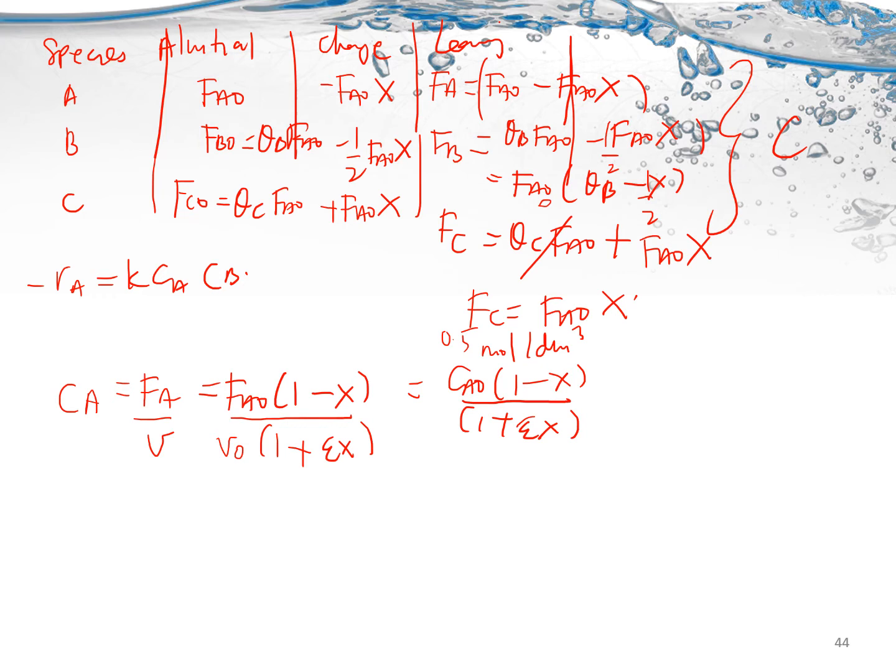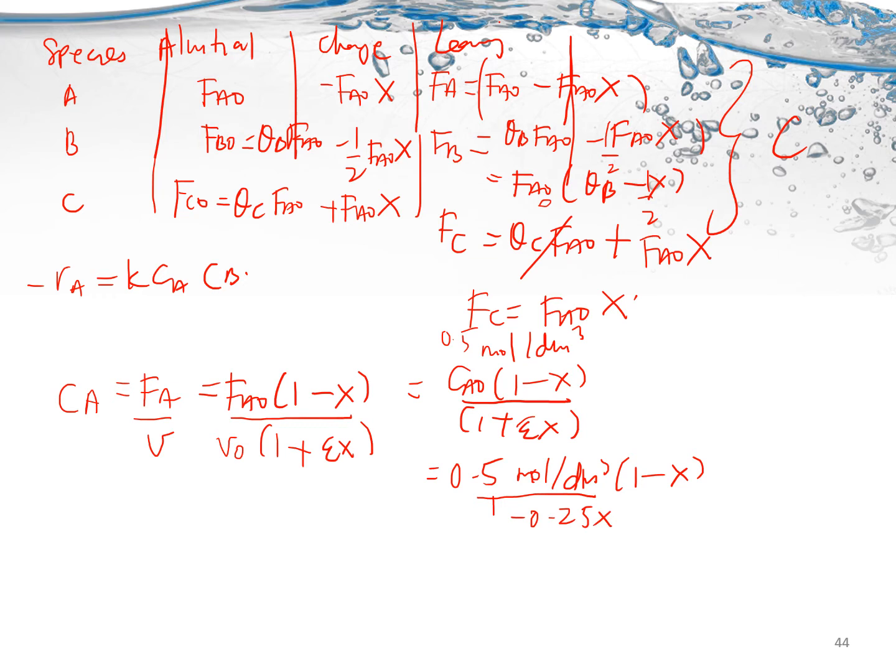So you will have 0.5 mole per decimeter cube times 1 minus X over 1 minus 0.25 X.